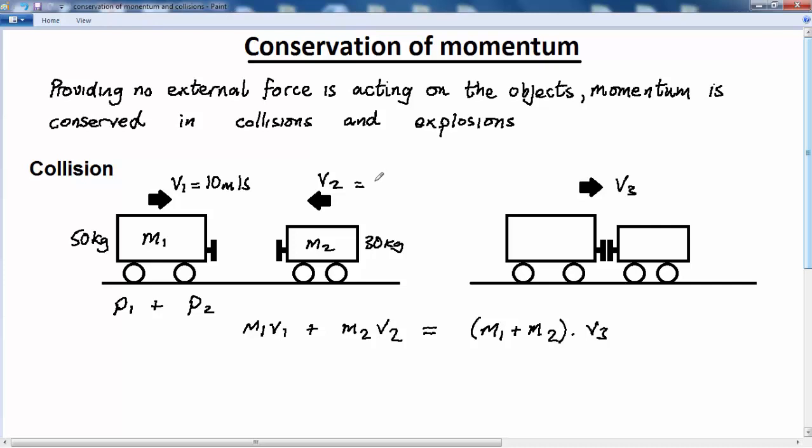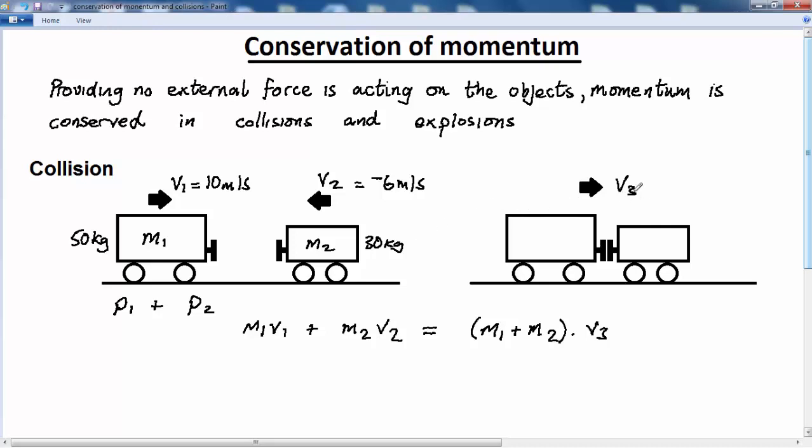So let's say it's travelling at 6 meters per second, so we need to write v equals minus 6 meters per second. That's important there. You must be aware of the positive and negative velocities in these situations, and the things stick together and move from left to right.